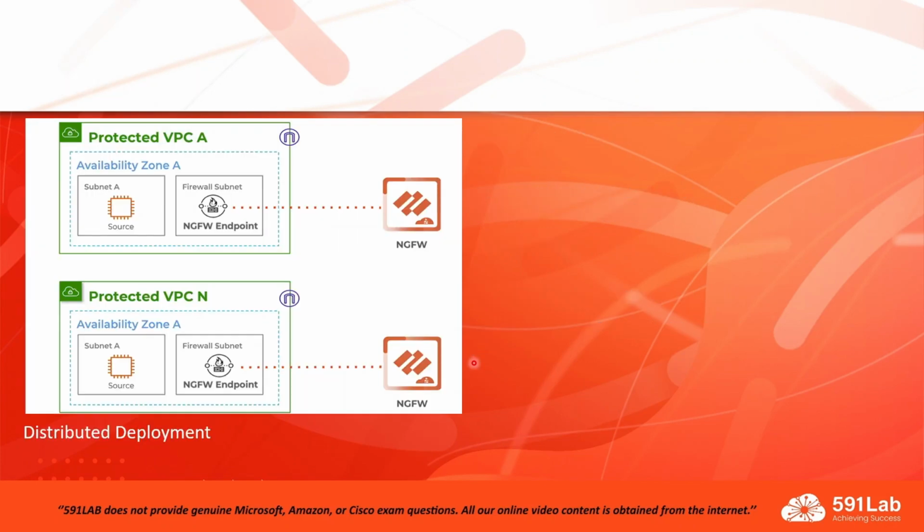Here is the high level of cloud NGFW using distributed deployment. Notice that each of the VPCs here will have the NGFW endpoint that is connected to the NGFW for each VPC.